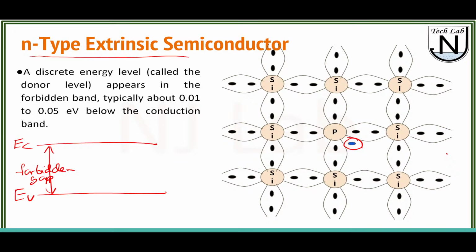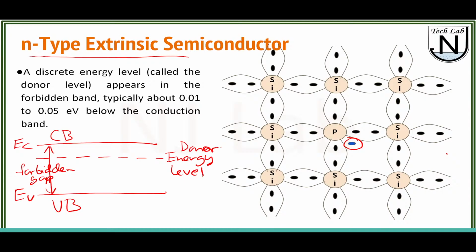And due to this, apart from these energy bands, meaning we have the conduction band and the valence band, we also have another energy level, and this energy level is known as the donor energy level. Why donor?